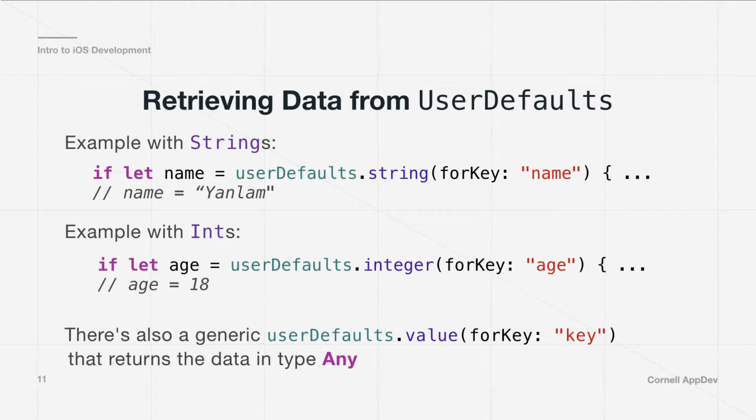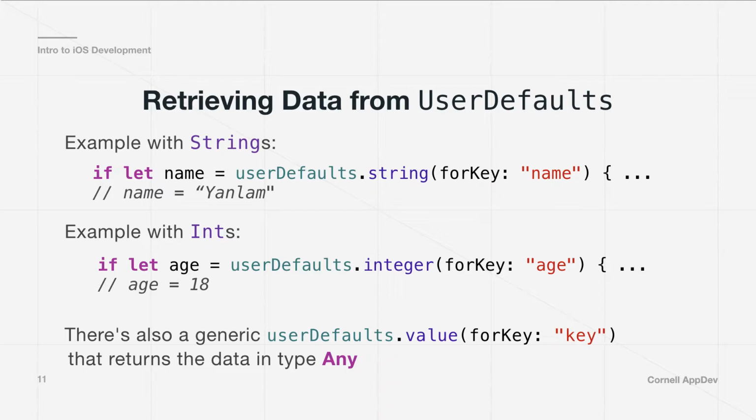Then retrieving data from user defaults, here's an example of strings again. We use an if-let statement because user defaults is a dictionary. Sometimes if you try to get a value from a dictionary using a key that's not already defined, we'll get a nil value. So we say if let name equals userDefaults.string forKey name to unwrap this optional value.